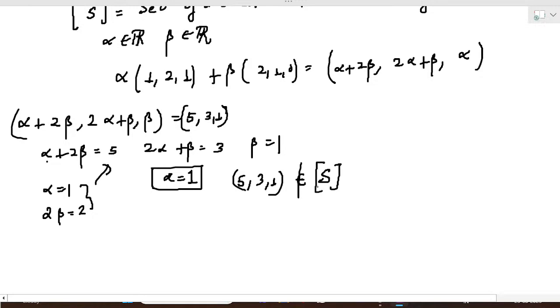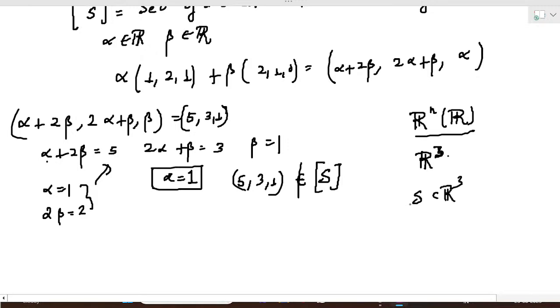Is that clear? Understand what linear span is. If you are given a set S which is a subset of a vector space, R cube forms a vector space. I have already done in the first lecture that R^n over R forms a vector space, so R cube will always form a vector space. S is a subset of R cube.